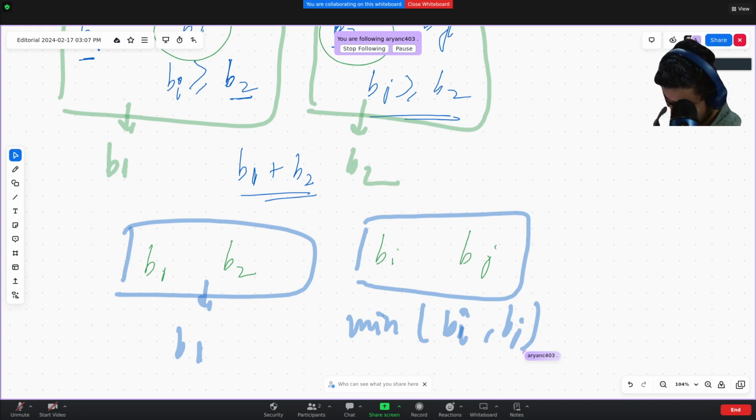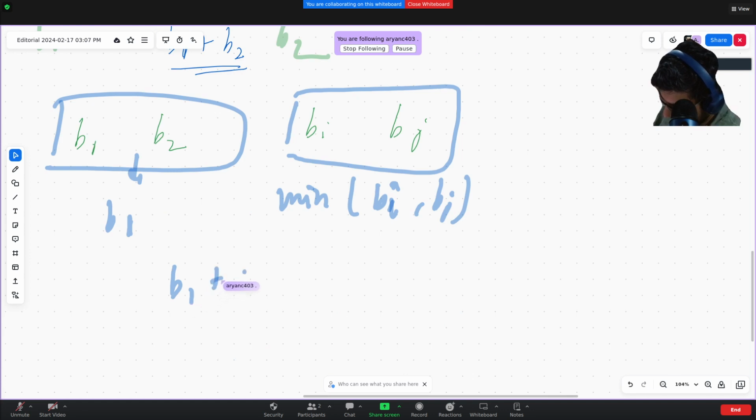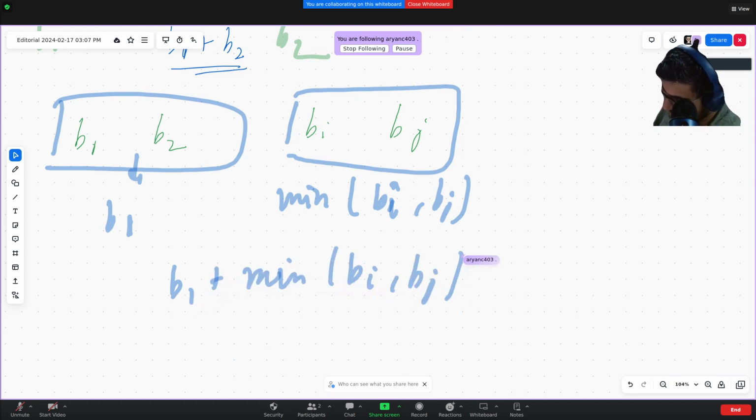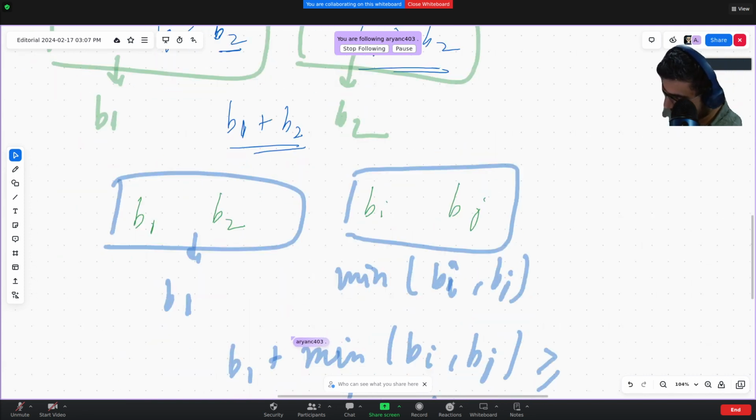So the overall score would be b1 plus the minimum of bi and bj. Because both of these numbers are greater than or equal to the second number, this score is greater than or equal to b1 plus b2. So if the smallest number is not paired with the second smallest number, we can swap it with the other pairing where the second smallest number is involved, and we would get a better score.